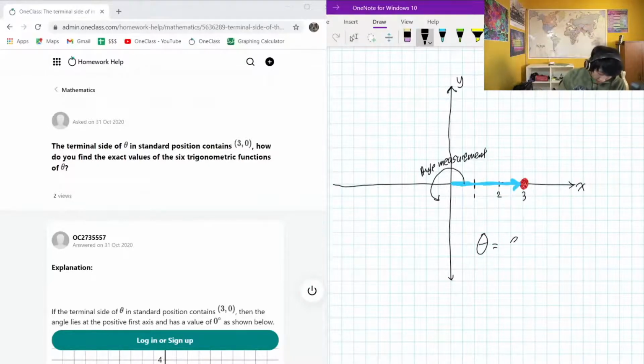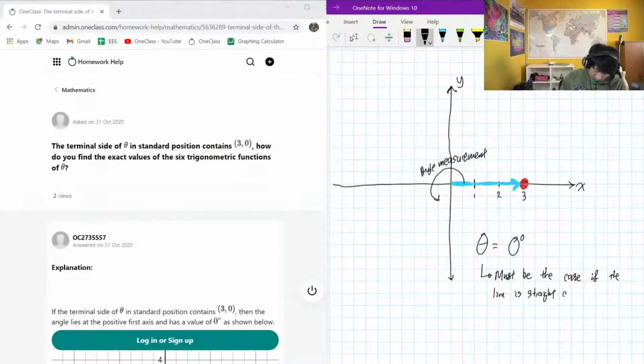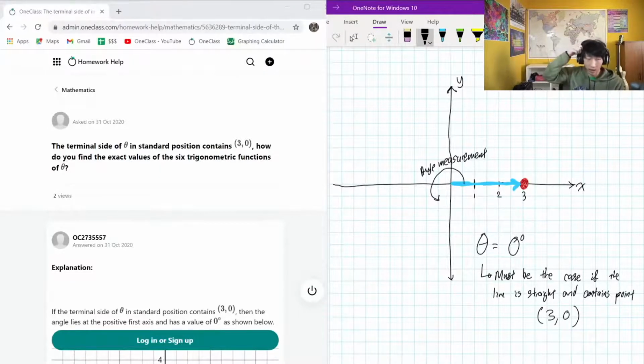So theta equals 0 degrees must be the case, if the line is straight and contains the point (3, 0): 3 in the X, 0 in the Y.